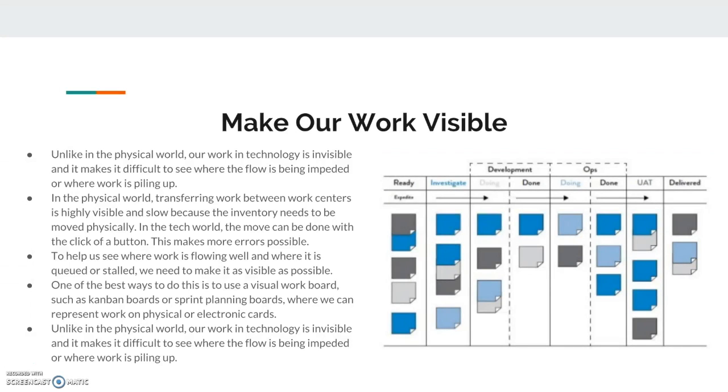So one way to help us see where work is flowing is to make a Kanban board or a sprint planning board. Here's an example to the right, where you can put what you need to do, and you can put what is in progress, when it is done, what is being developed, and you can kind of see where all your digital stuff is going and what's happening.